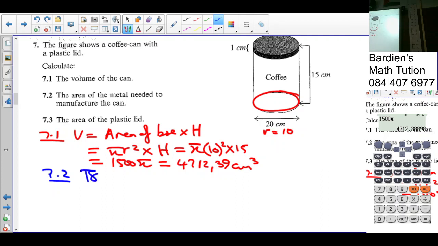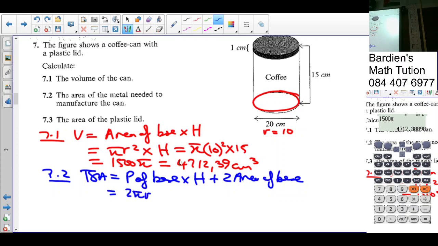So how do we calculate total surface area? Perimeter of base times height plus 2 area of base. So how do you calculate the perimeter of a circle? 2 pi r times height plus. Now twice area of a base considers the base and the top, not so.